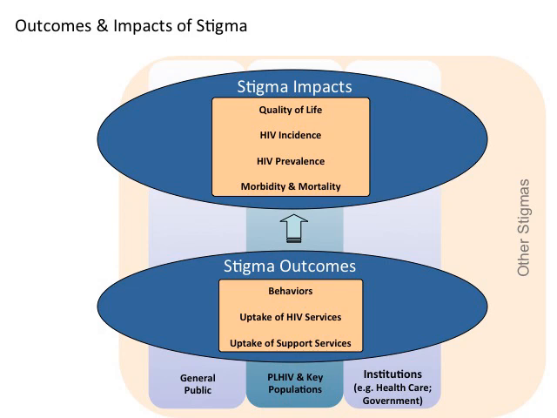You'll see a few stigma outcomes listed here, including risk behaviors, uptake of HIV prevention, care, and treatment and support. And these outcomes then influence quality of life, people living with HIV incidence, HIV prevalence, morbidity, and mortality.